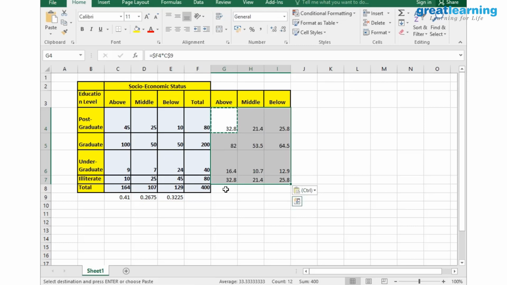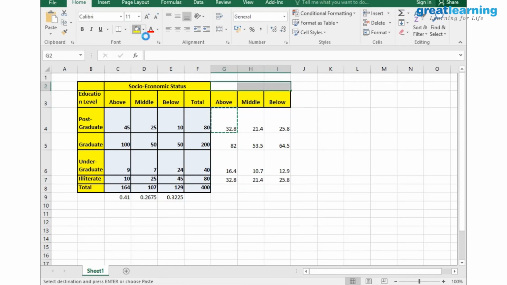Okay. So sometimes very fast Excel can give you wrong output. But now it is correct. 80, right? This is a cross check. Sometimes what happens when you do these F4 and all those things, we may go wrong. So cross check: my row totals are matching, 200 matching, 40 matching, 80 matching. So that is my calculation.